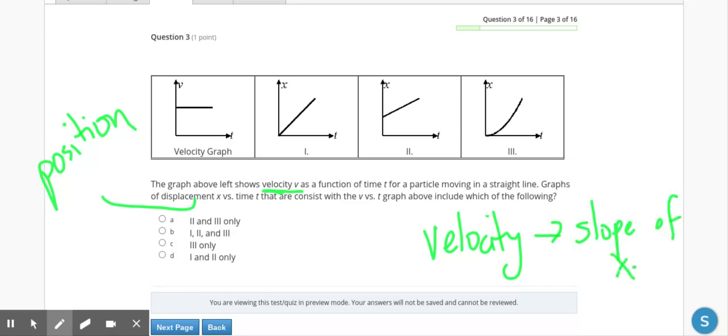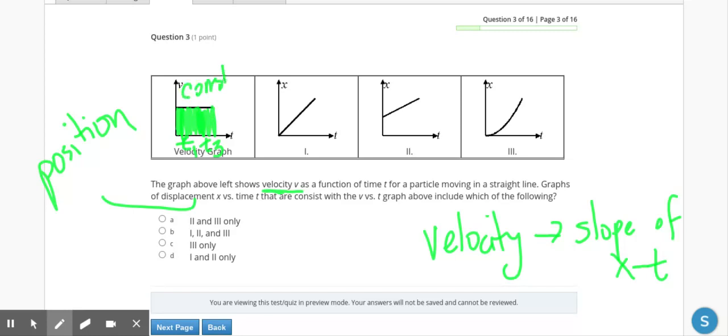The other way we can find position from velocity is to calculate the area. Here's the position at t1, here's the position at t3. If you think about it, this velocity is constant.